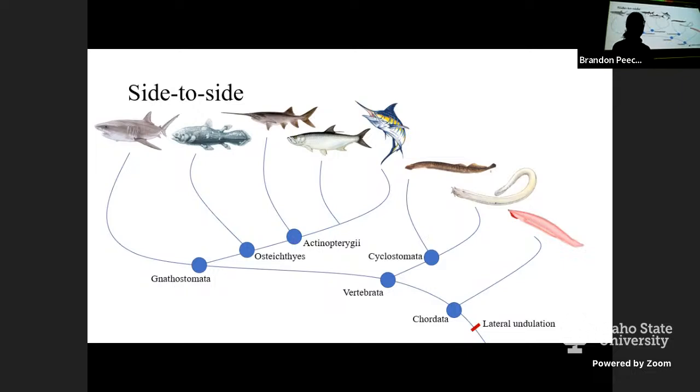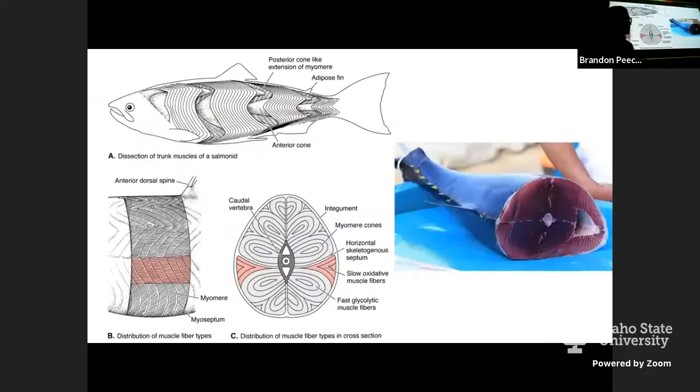Obviously it gets fancier and fancier as we go through the vertebrate tree. Once we get up into the true gnathostomes, not hagfish and lamprey, there's a much more derived condition to those muscles that you saw when you were cutting into fish last week. I know you all were cutting through these muscles, and any of you who eat fish are extremely familiar with this anatomy. These are sections of muscle called myomeres, and a myomere goes all the way up the body of the animal.